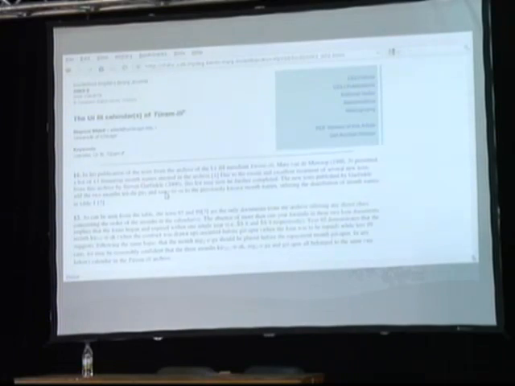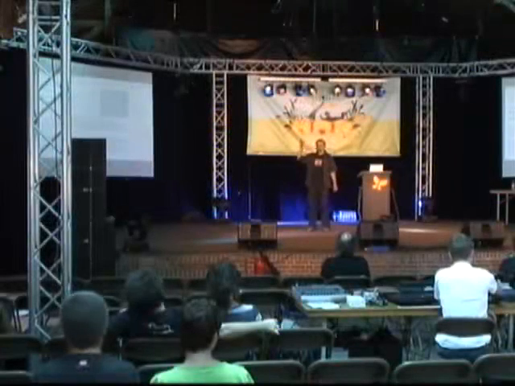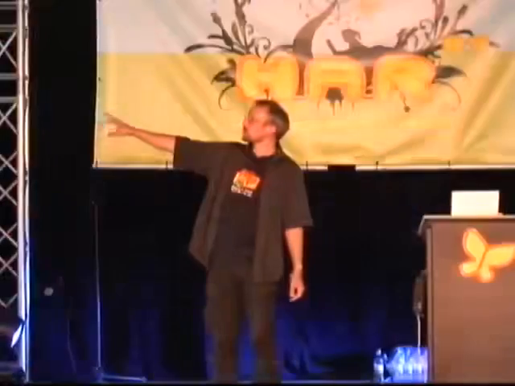which is in HTML form and which also uses links into the catalog database, so that when you see here they're talking about tablet so-and-so, you can click on it and you can really see the image of the tablet and the transliterations and the catalog information about that, which is really a big win compared to the normal publications where it just said the catalog number and then you had to somehow be able to go to the museum, get it out of the catalog if they let you, and so on.